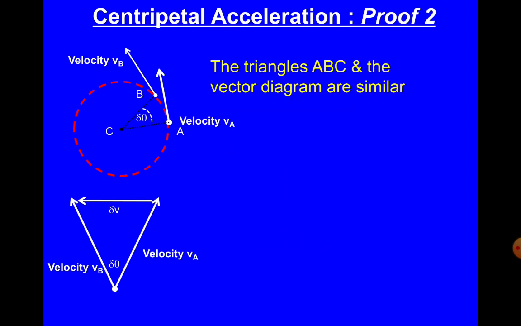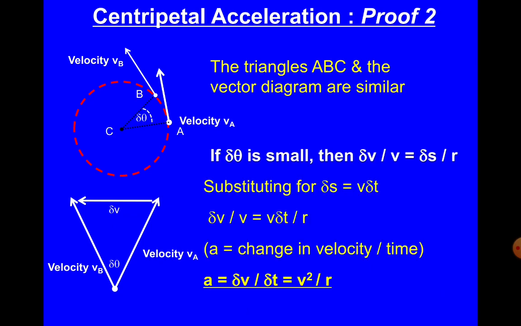The triangles ABC and the vector diagram are similar, so if delta angle is small, then delta V over V is delta S over R, and we can substitute this, and then at the end we get the change in velocity over time, which is the acceleration: delta V over delta t is V squared over R. So the acceleration taking place in a circular motion is V squared over the radius.